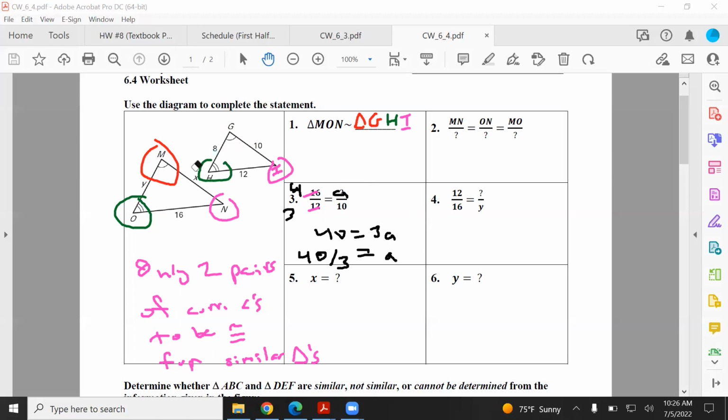Let me erase this stuff because it's getting a little busy. How would I make an equation for number 5? So what would you compare? How did you make an equation with that stuff? So x corresponds to what? 16 corresponds to what? Perfect.